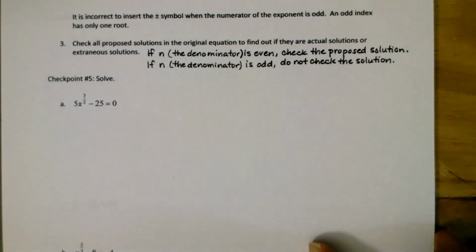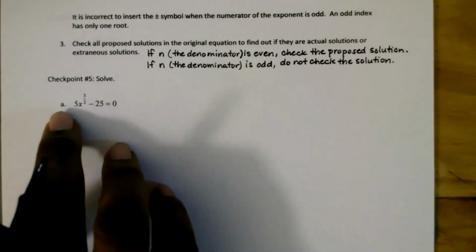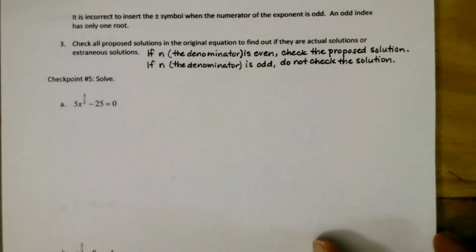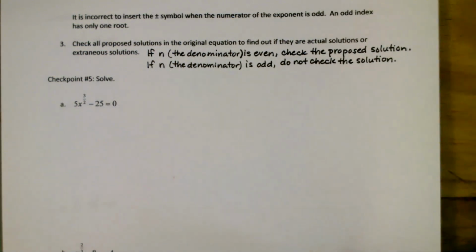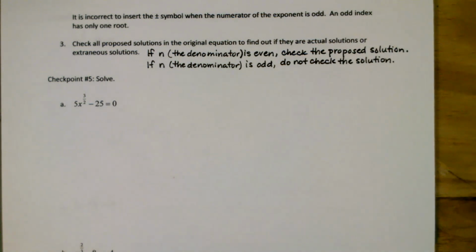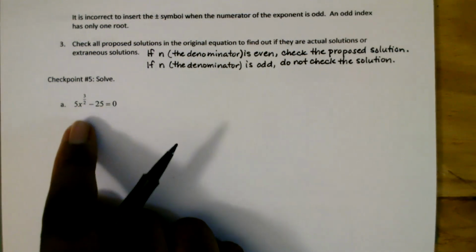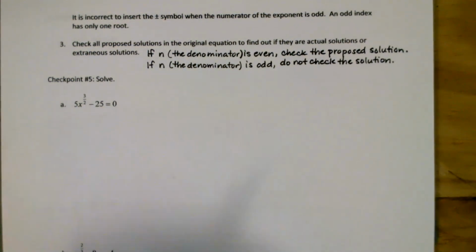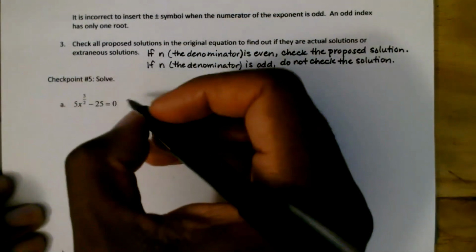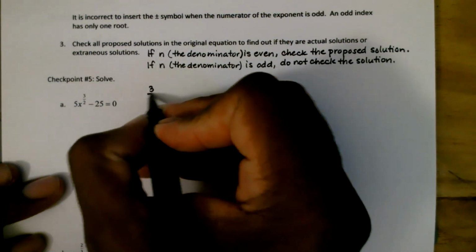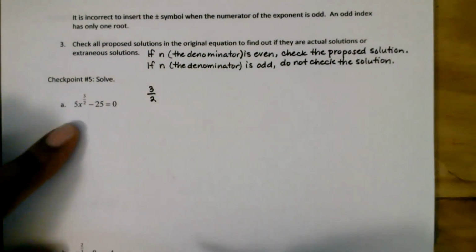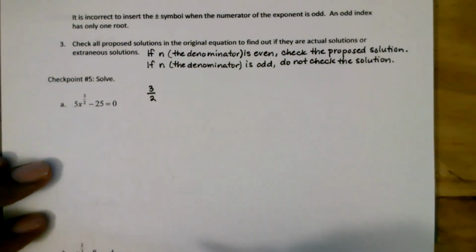So let's start with this example, part A. Here we're going to solve, and we're going to determine whether we need to do the check or not. So here we've got 5x to the 3 halves minus 25 is equal to 0. Now, let's take a look at that exponent of 3 halves.